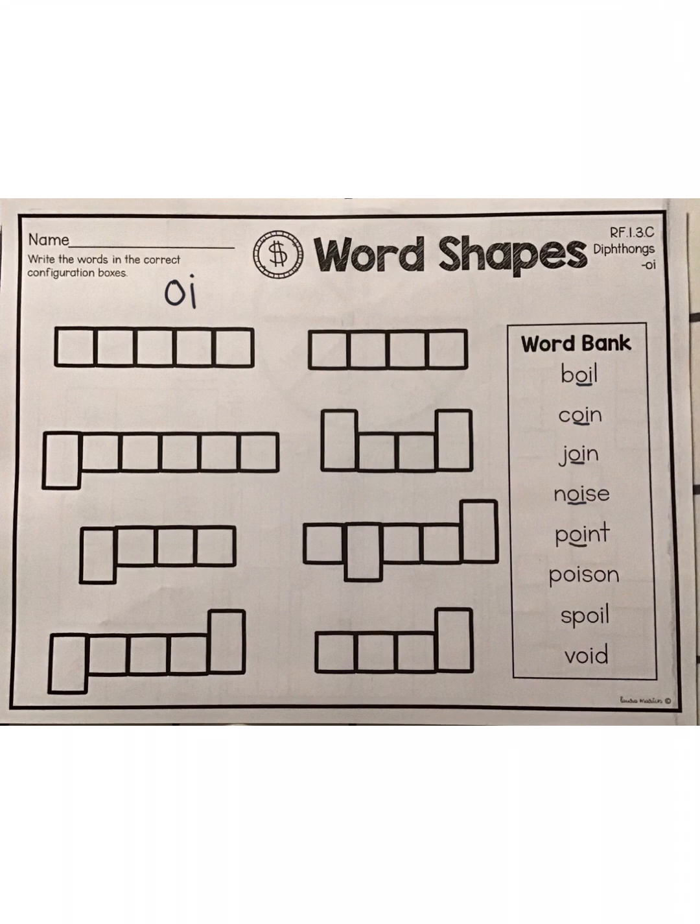P-oint, point. P-oison, poison. Sp-oil, spoil. V-oid, void. So we need to put the words in our word bank into our word shape boxes.